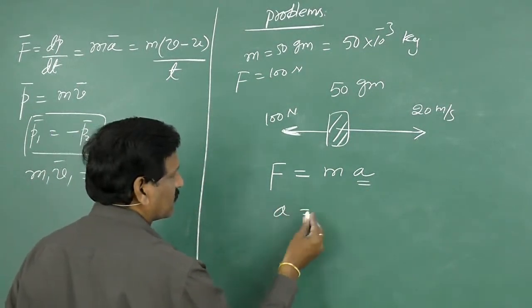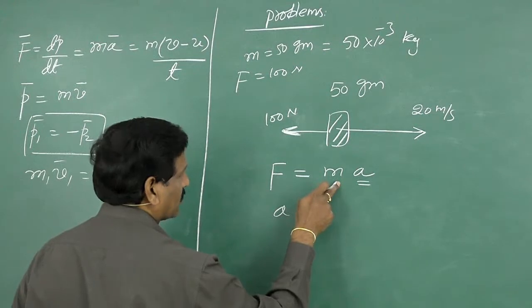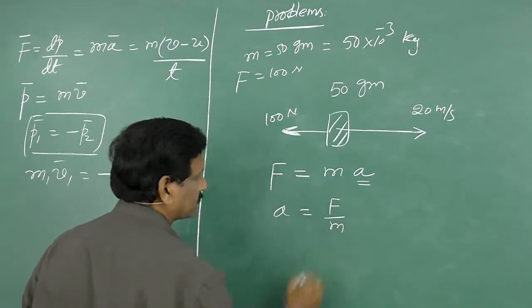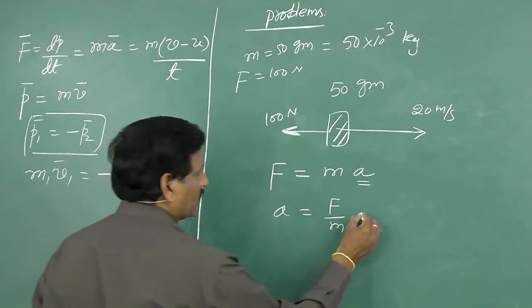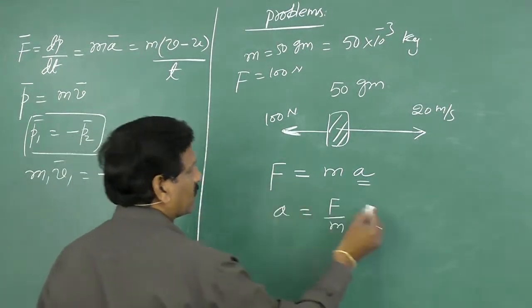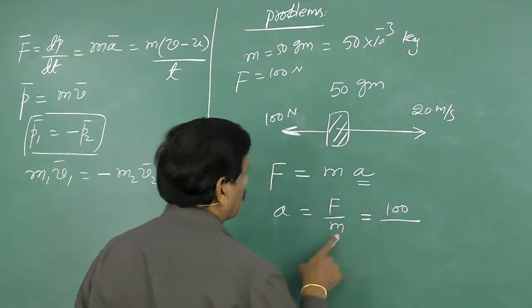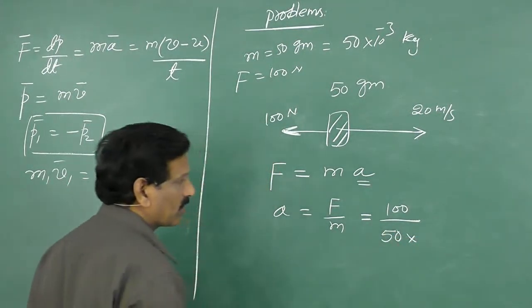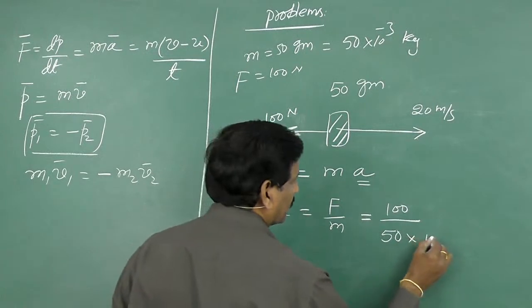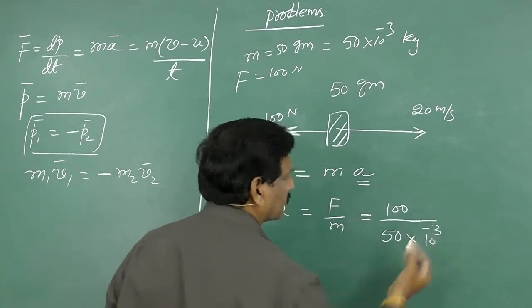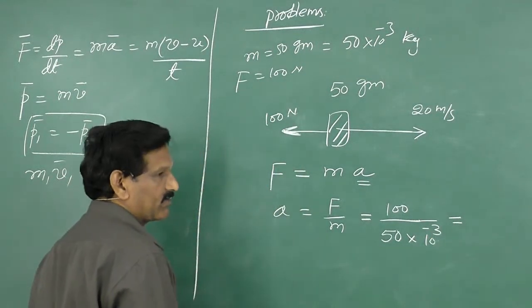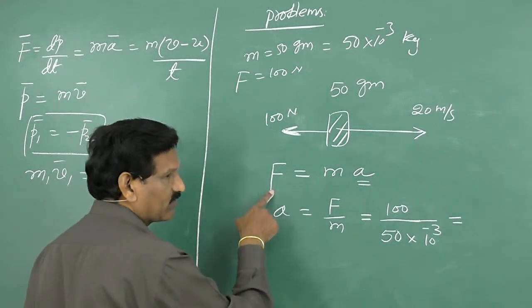So, from Newton's second law, F is equal to ma, A is equal to F by m. Here force is given as 100 Newton, mass is 50 gram, which converted into kilogram is 50 into 10 power minus 3. Then you get negative acceleration, that is retardation, because this is the retarding force.